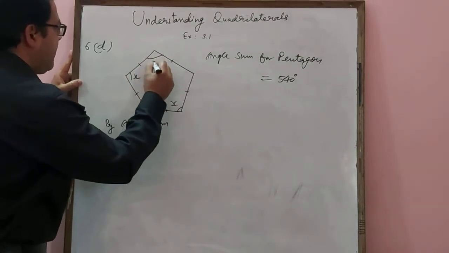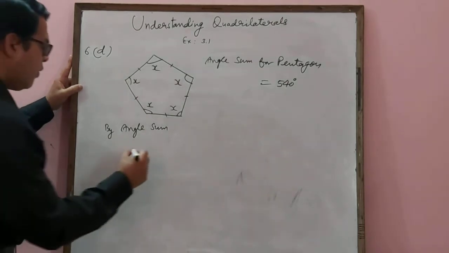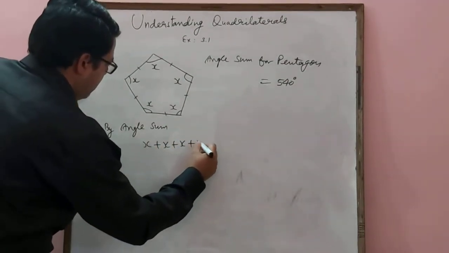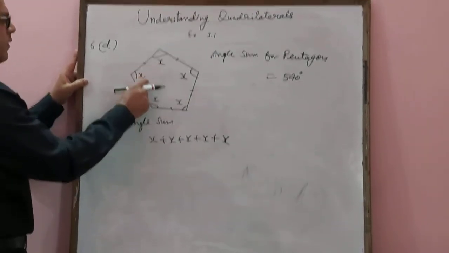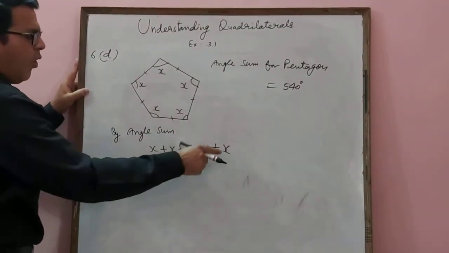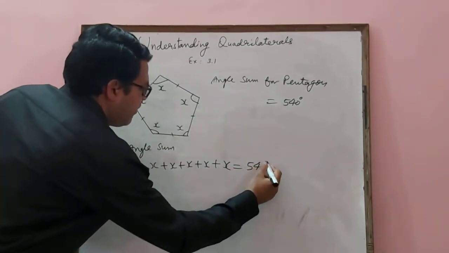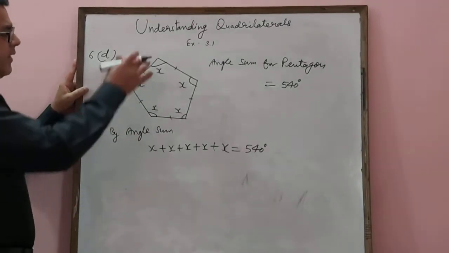All angles, we can name it x. So if you add all x together, there are 5 angles, 5 x's. If you add all these 5 x's together, their sum will be 540, since it is regular.